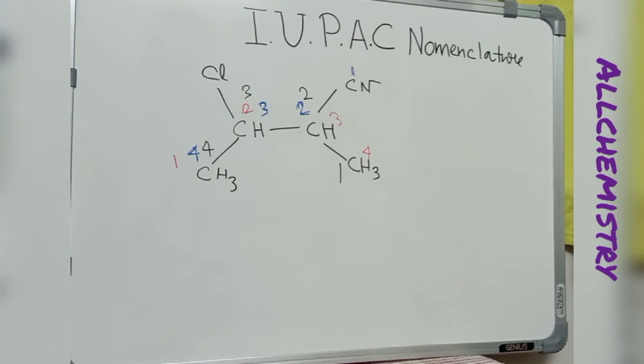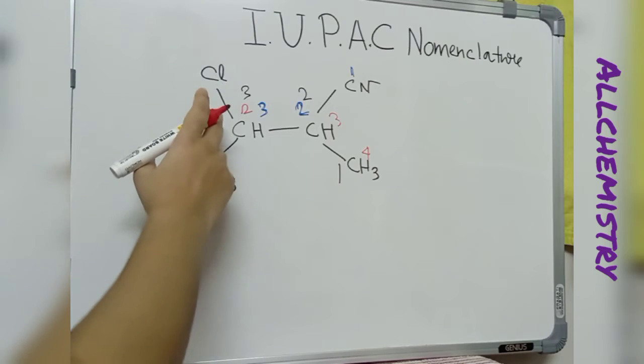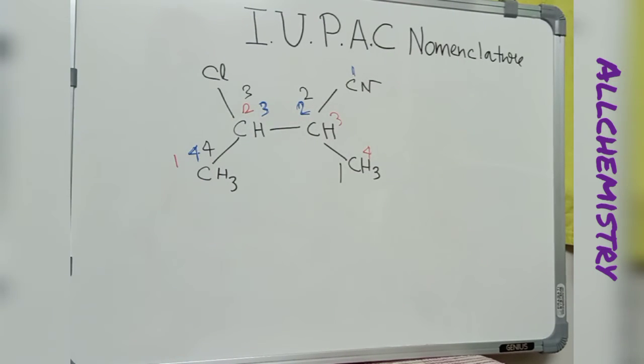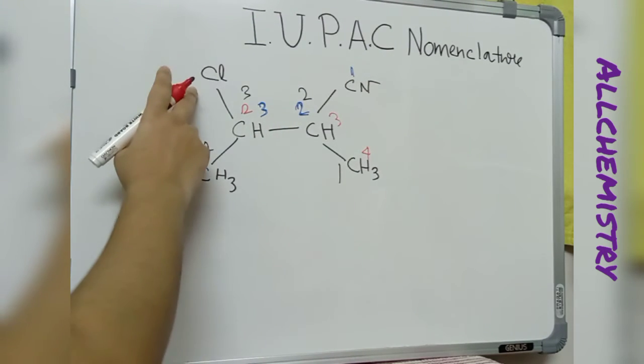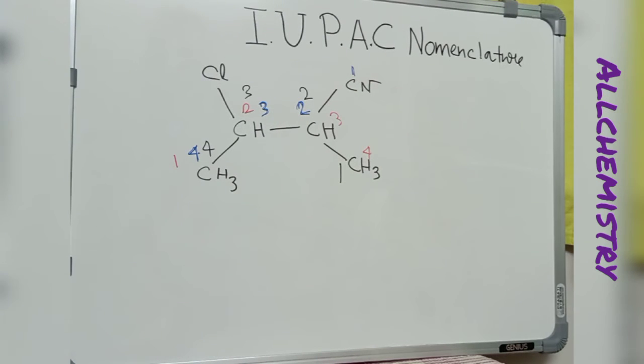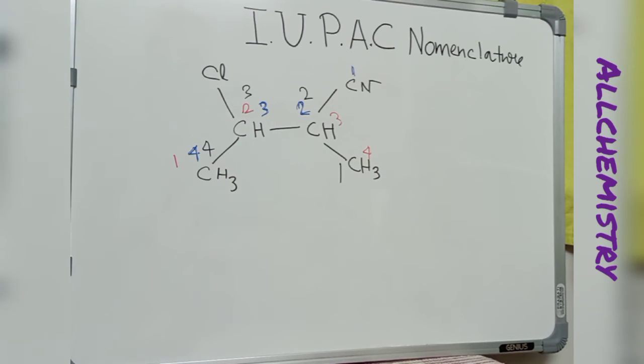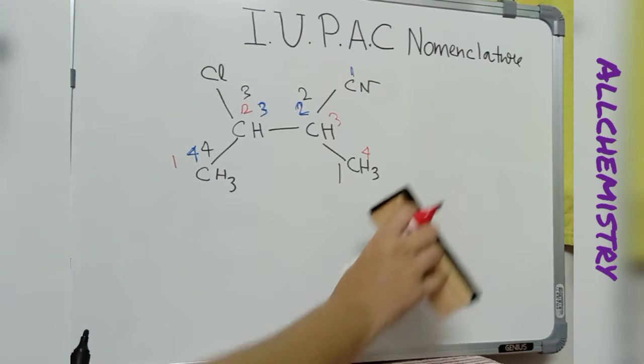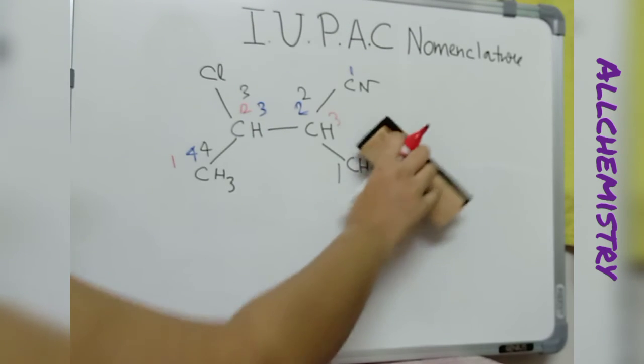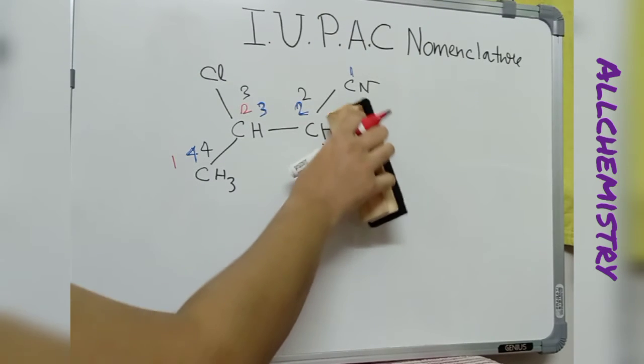Between chlorine and cyanide, cyanide is the priority group. As cyanide comes prior to chlorine, we will take the suffix of cyanide. So we will take the cyanide path, and every path follows 4 carbons, so 4 is the highest number of carbons we can take.